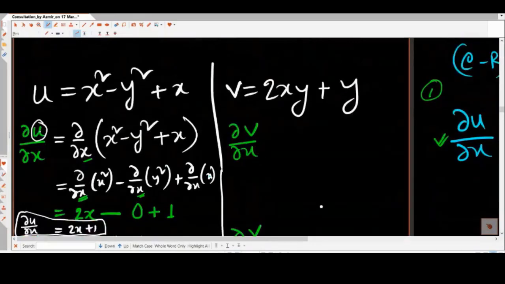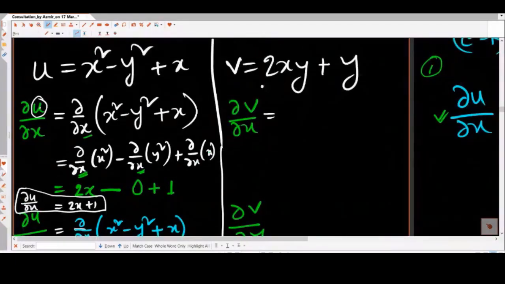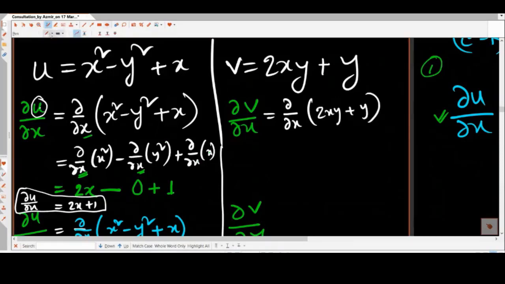Now the time is to find dv/dx and dv/dy. We are going to differentiate v, and the v function is 2xy plus y. Let me this time separate: d/dx of 2xy plus d/dx of y.